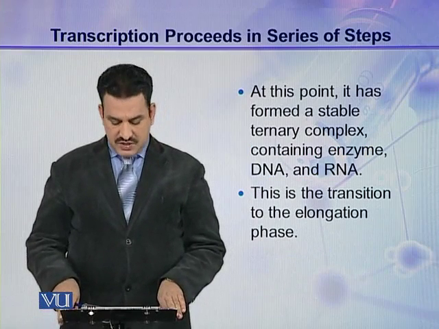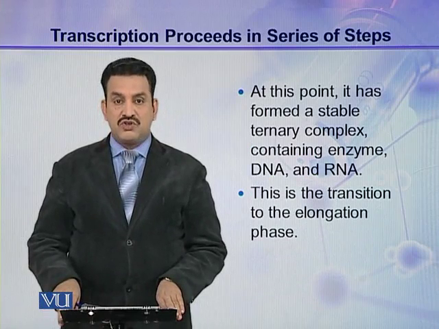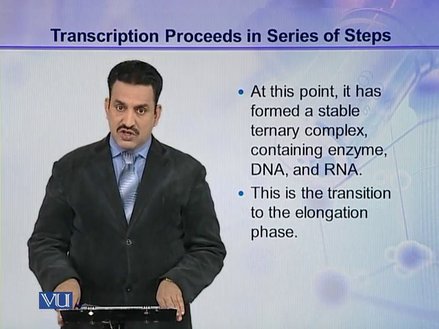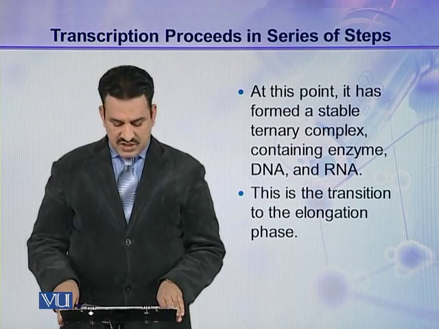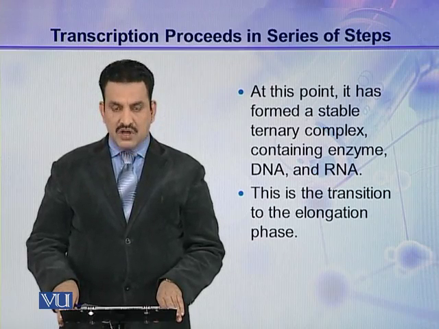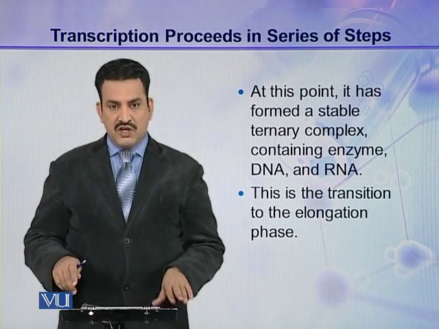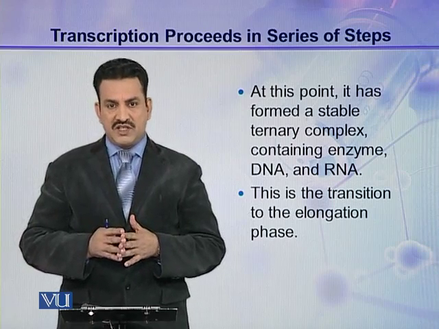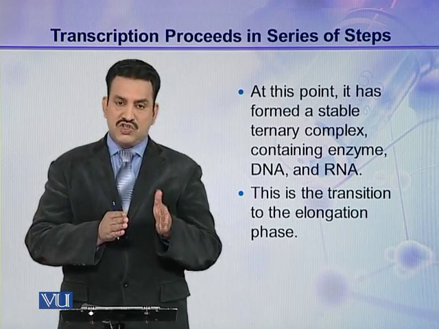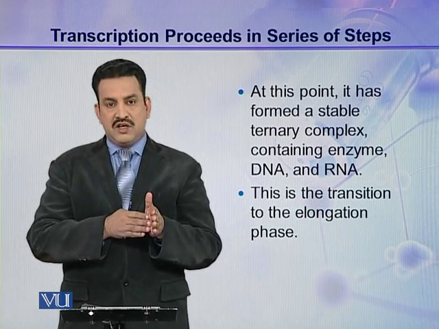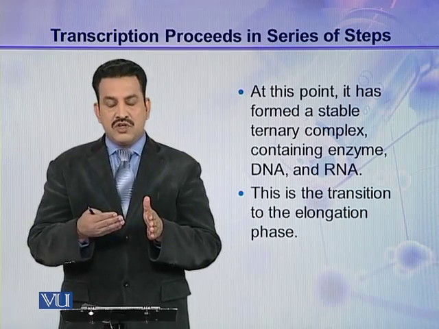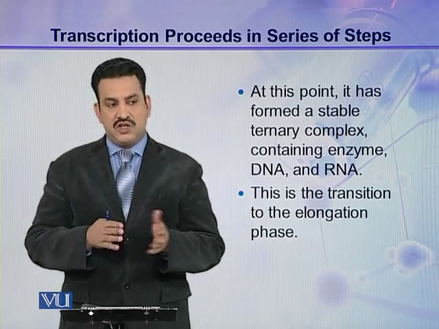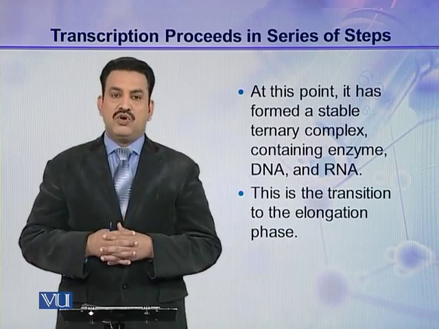At this point, it has formed a stable ternary complex, which includes enzyme, DNA, and RNA. This is the transition to the elongation phase. So the formation of this ternary complex is the end of the initiation phase, and as actual transcription starts from here, it enters the elongation phase.